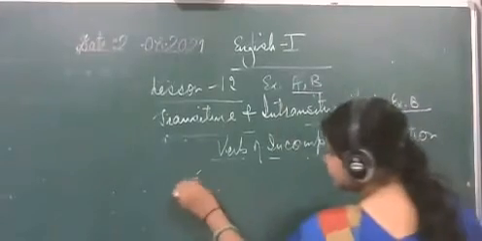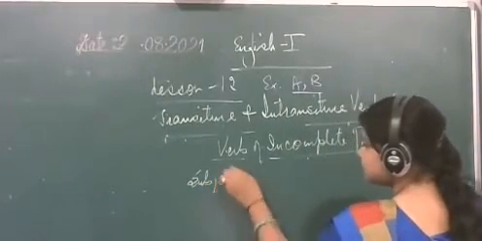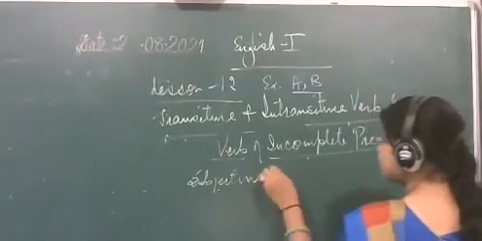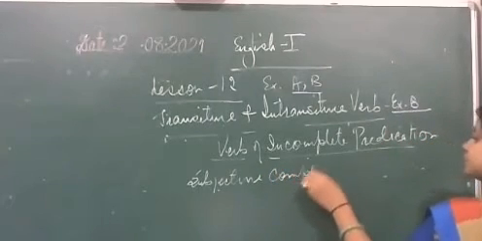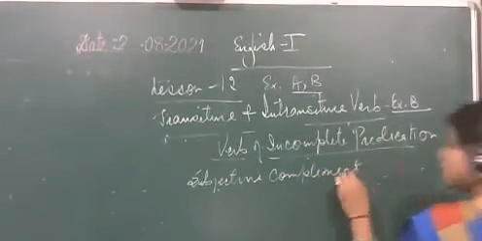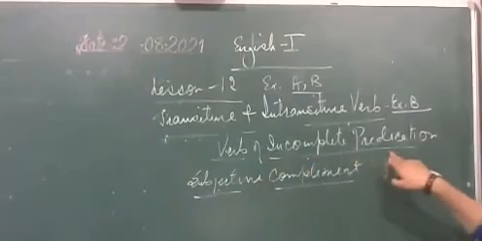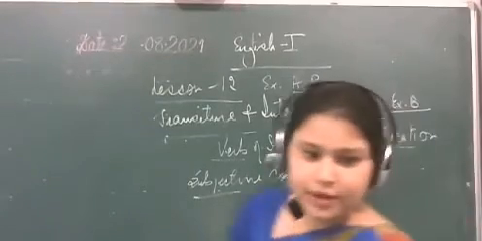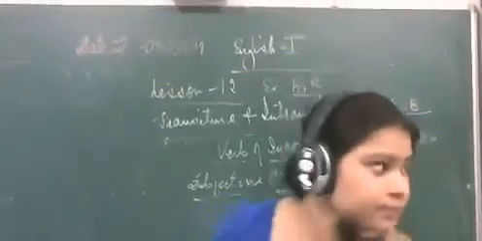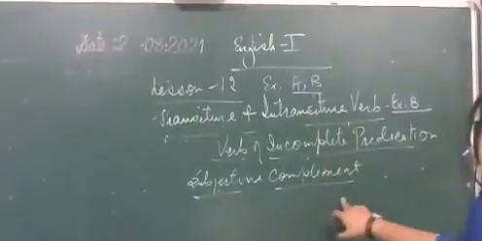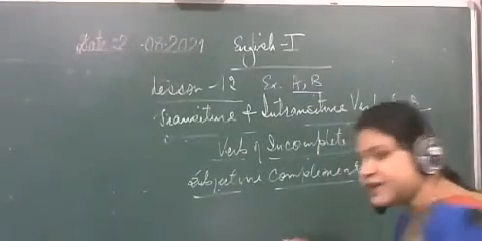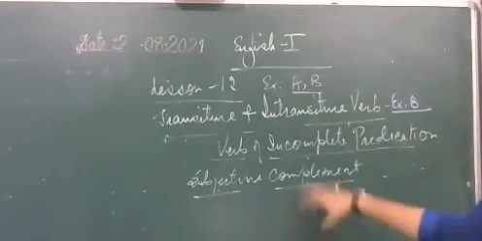What is the first heading? That is subjective complement. Okay, just remember the heading verb of incomplete predication. So under verb of incomplete predication, here we have subjective complement. So with the help of this heading, you can understand what we are going to have here.